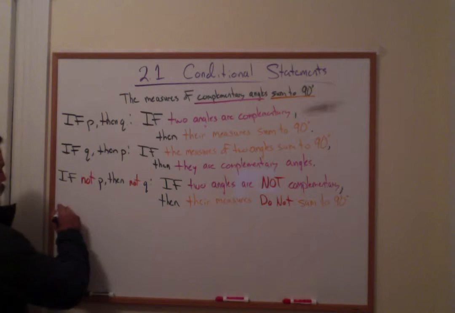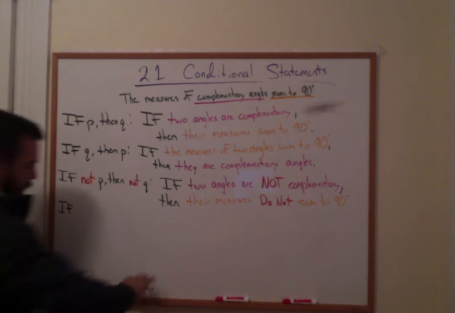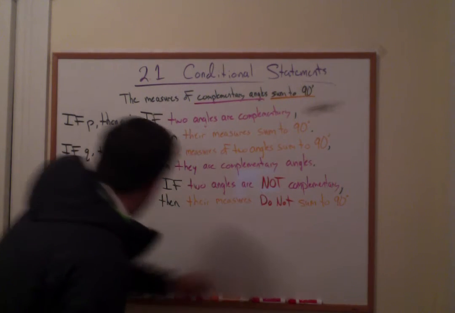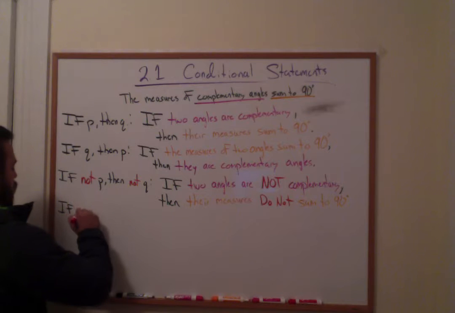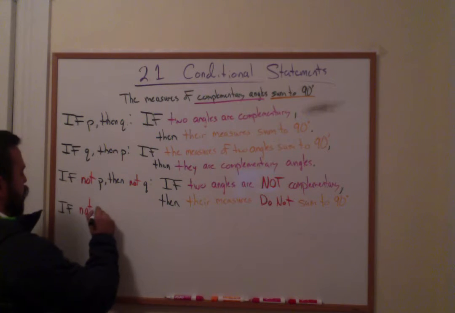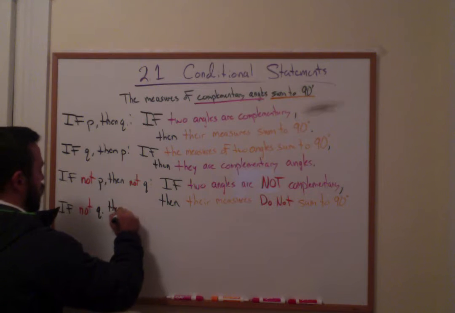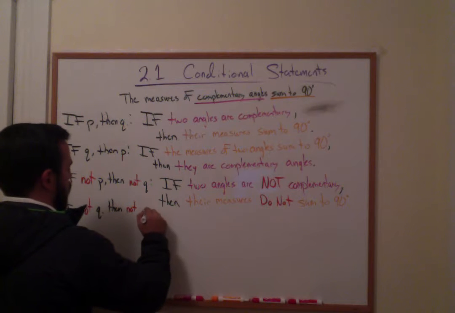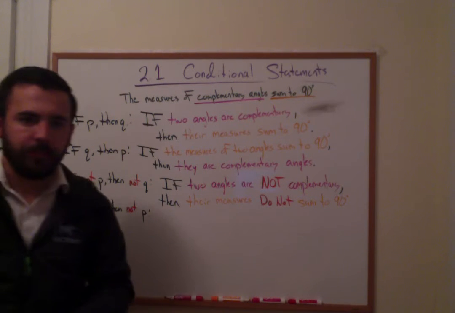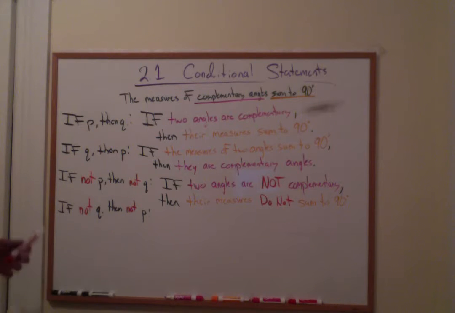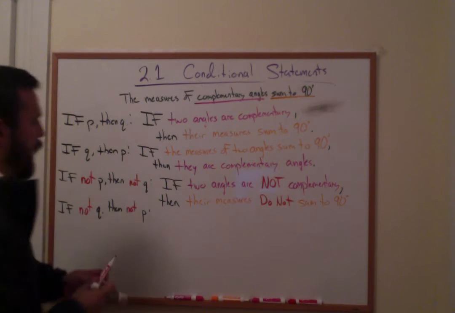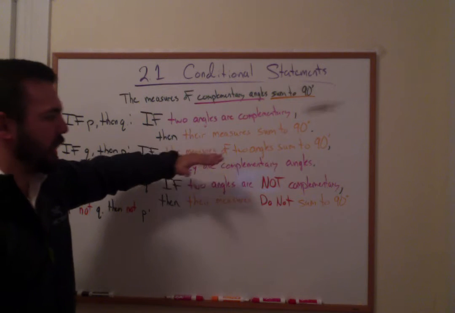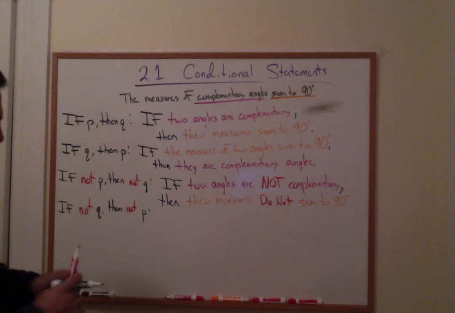So, we have if not Q, then not P. Okay, so last one. All right, here we go. So now we're going back to the converse, and we're negating the hypothesis of the converse and the conclusion of the converse.